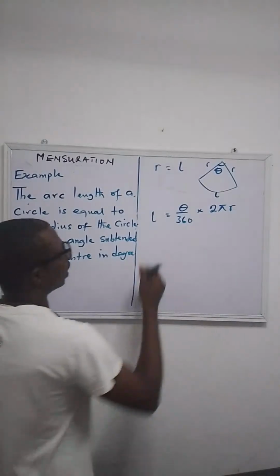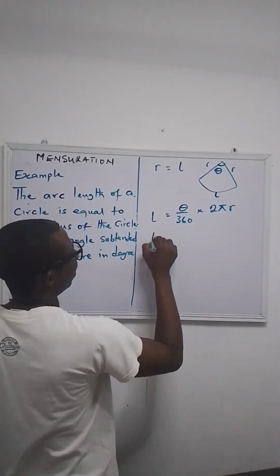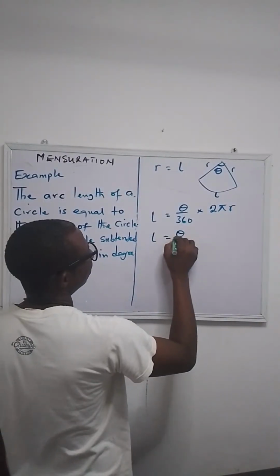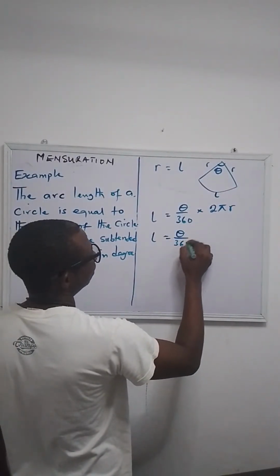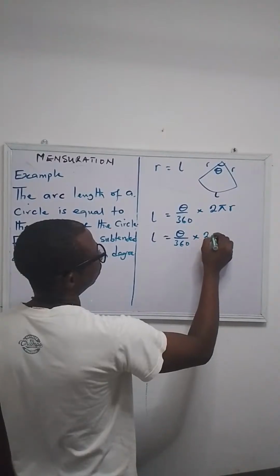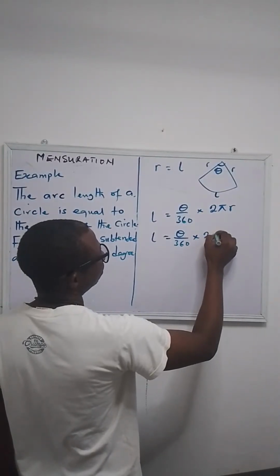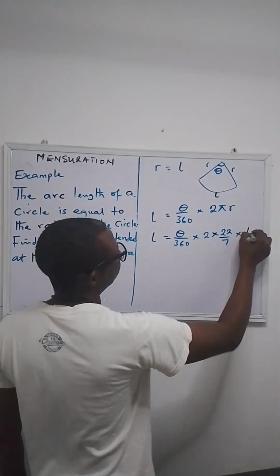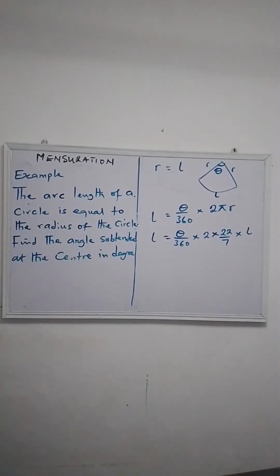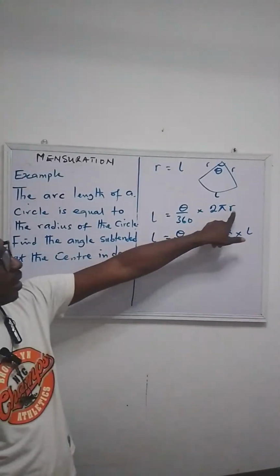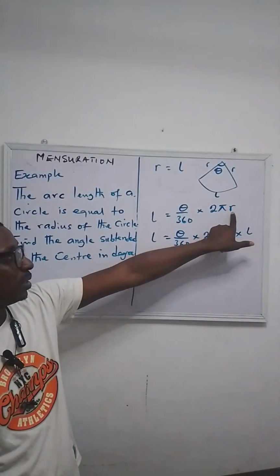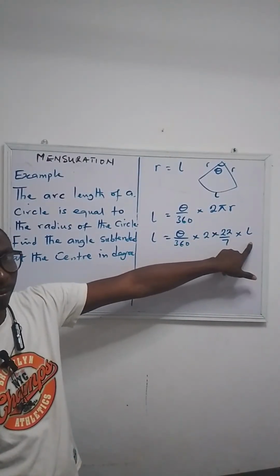So that means we can write L equals theta over 360 times 2 times 22 over 7 times L. Do you understand that? R is the same thing as L. So you can see what is changing now. I'm changing this R to L.